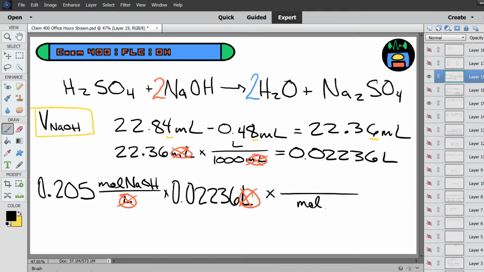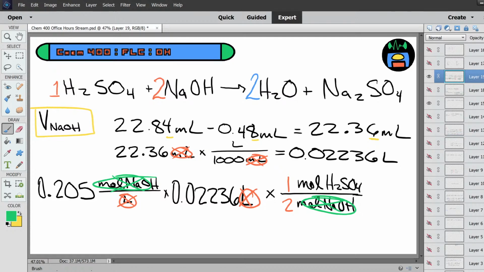We want to convert this to moles of sulfuric acid. And that unit conversion is right here. It is a 1 to 2. 1 mole of sulfuric acid reacts with 2 moles of sodium hydroxide. So moles of sodium hydroxide cancel.